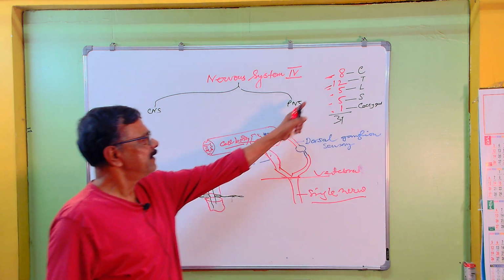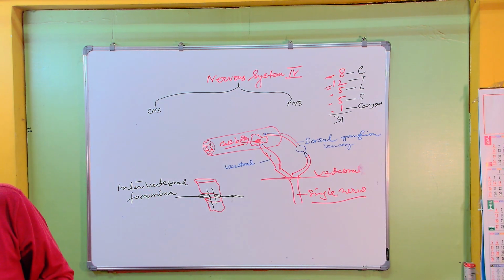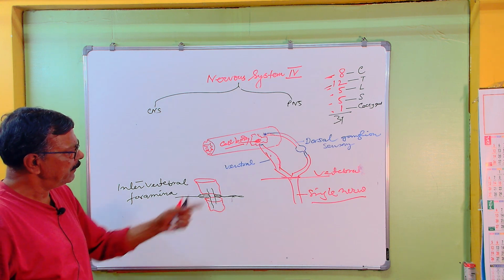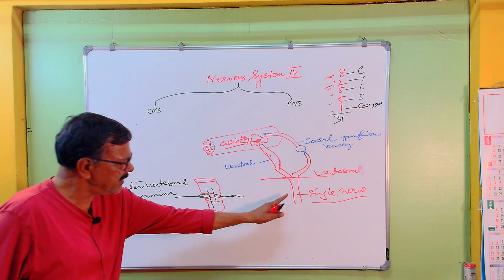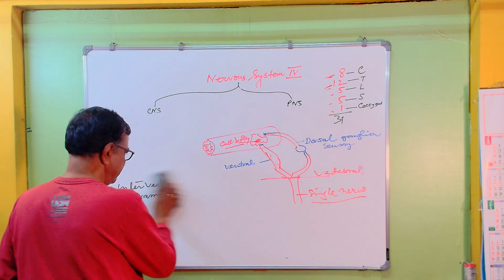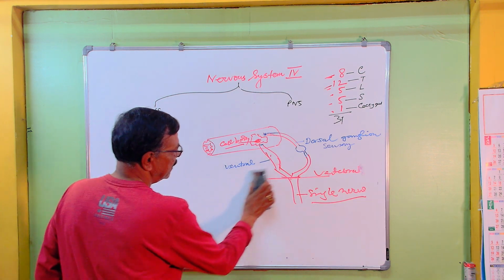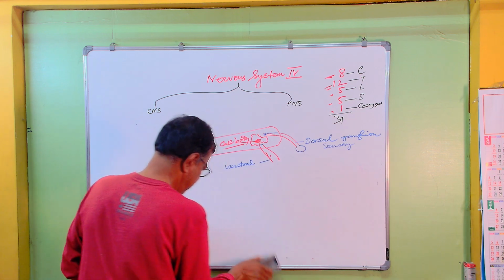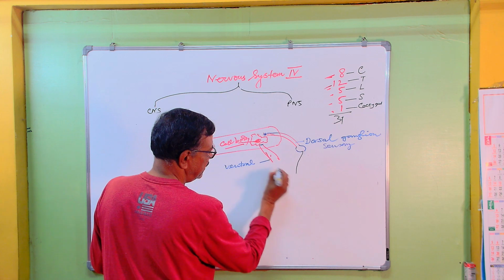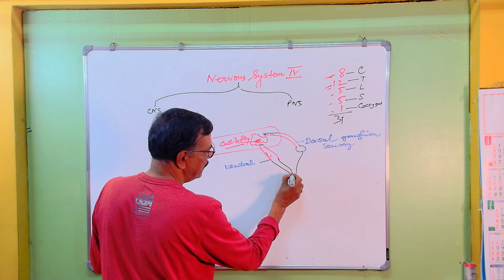There are some other things. The spinal nerve, whenever it comes out as a single root, divides into three branches. I am drawing another picture like this.